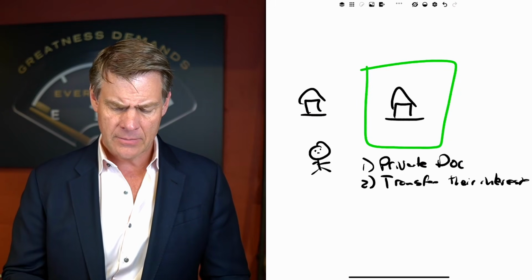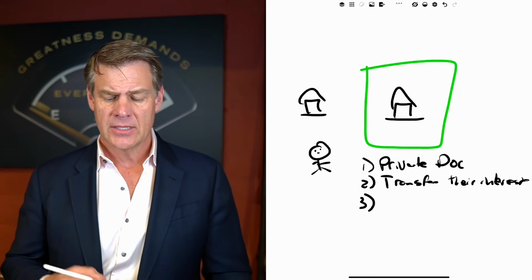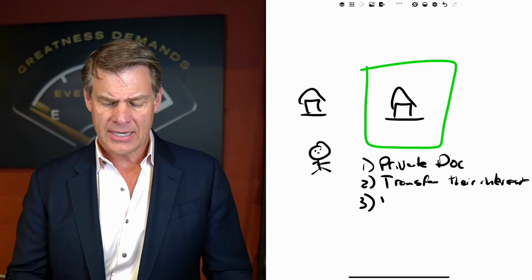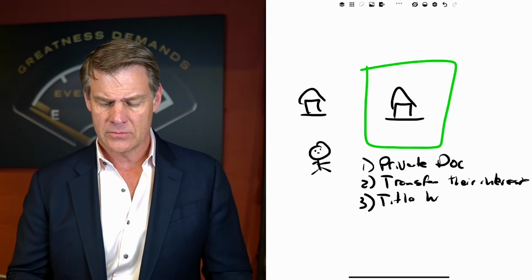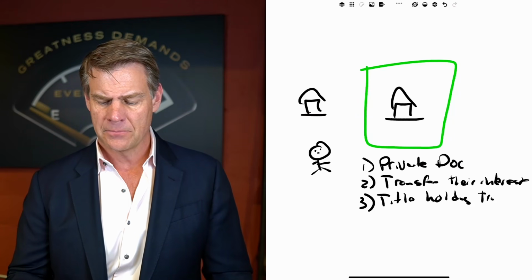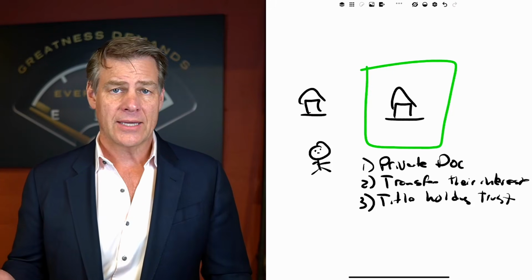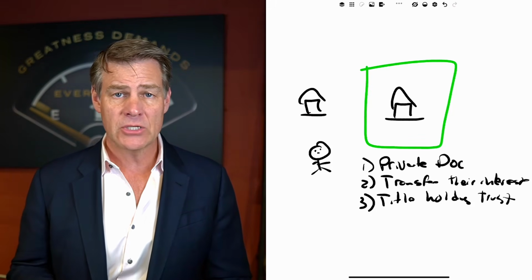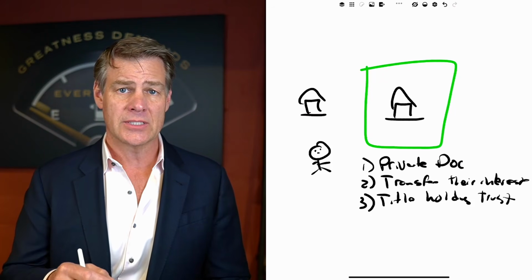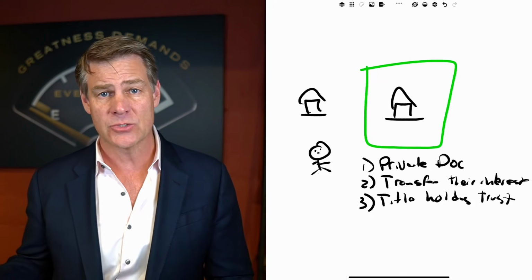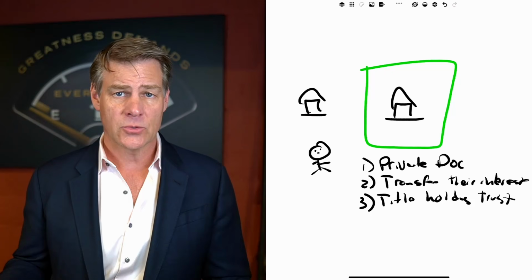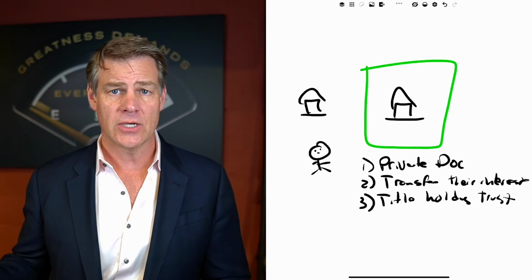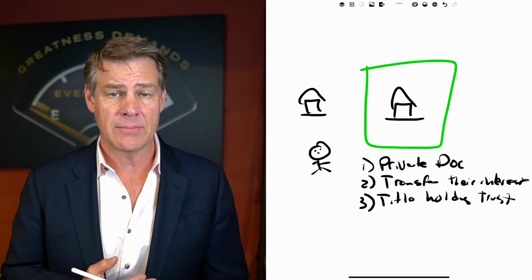So the other thing about the land trust is that it's typically set up as a title holding trust. Okay, so what do I mean by that? Well, it's designed to hold title to real estate. That's its primary purpose. Unlike a living trust, which is also designed to hold title to real estate but is designed to bypass probate when you pass away and then transfer those assets on to your beneficiaries in a specified manner.